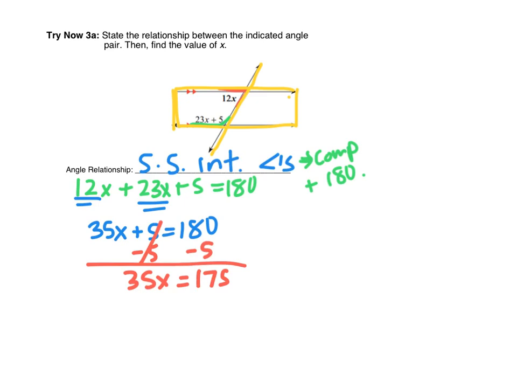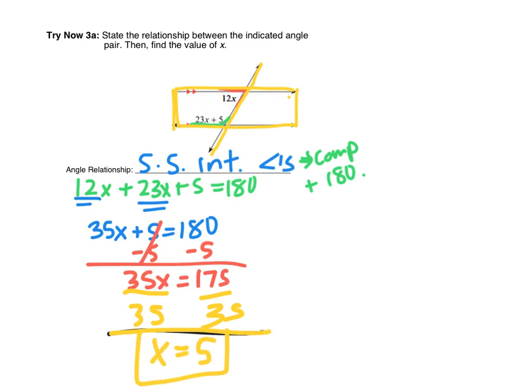Our last step is to divide both sides by 35. I'm going to put this in a calculator here because I don't know what that is off the top of my head. But if I do 175 divided by 35, I get 5. So my final answer would be x equals 5.